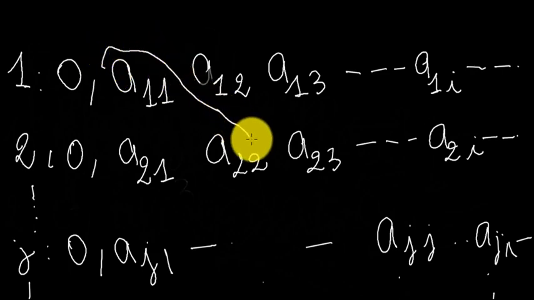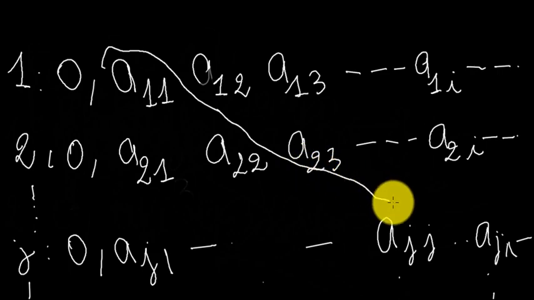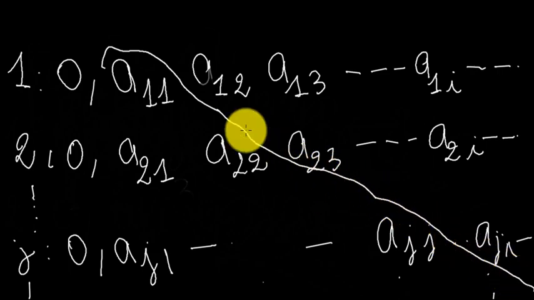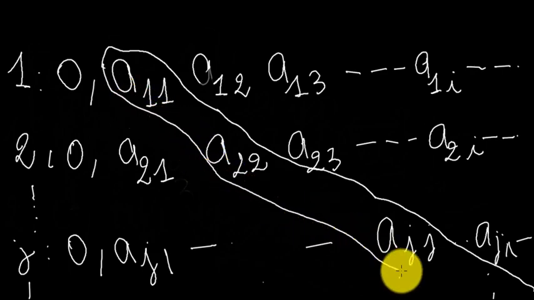So the diagonal is A11, A22, AJJ, etc. until infinity. To guarantee that our element is different from the first element and the second element and the third element and etc., we'll take each term of the diagonal and we'll add 1 to it.